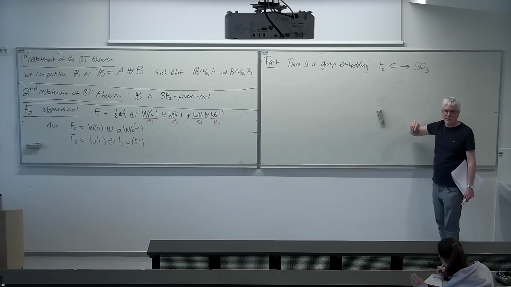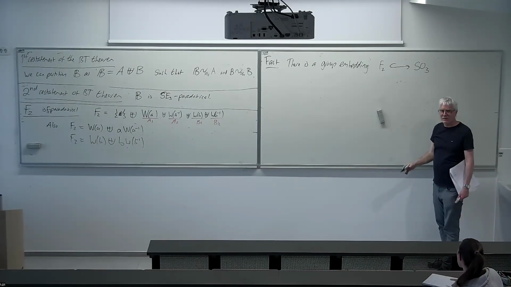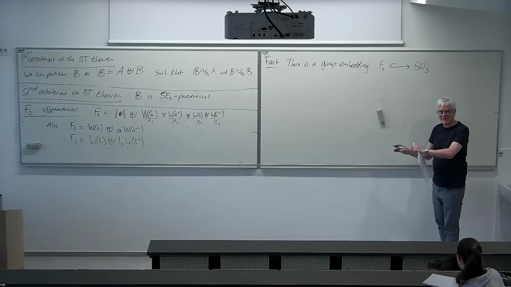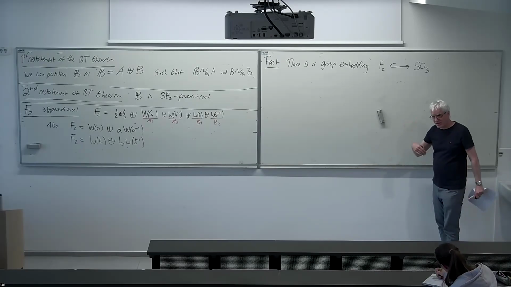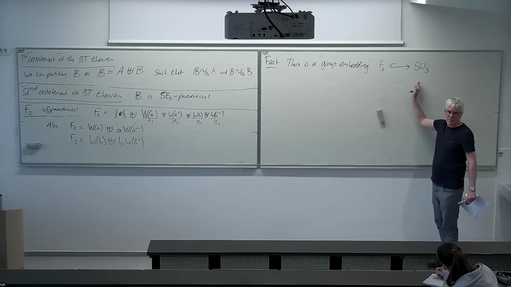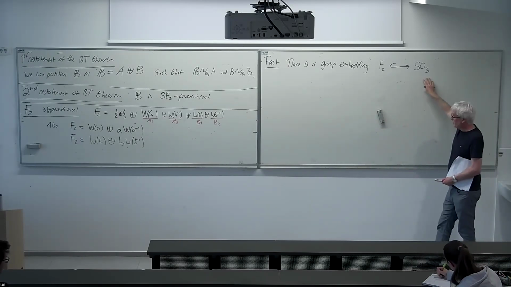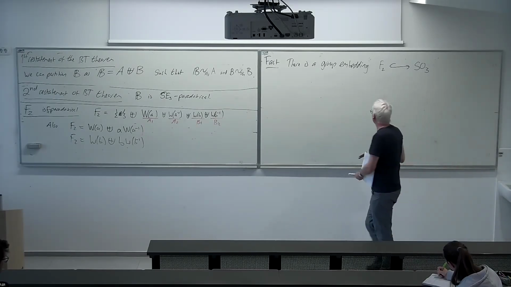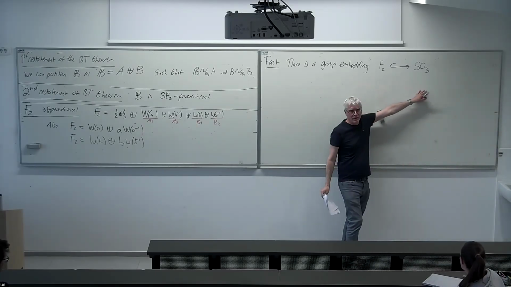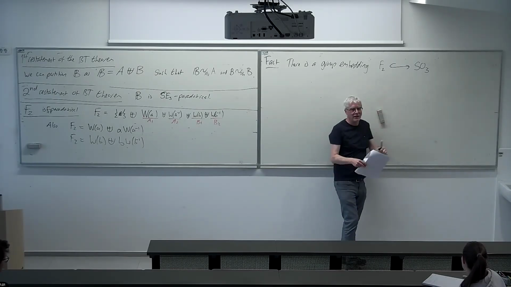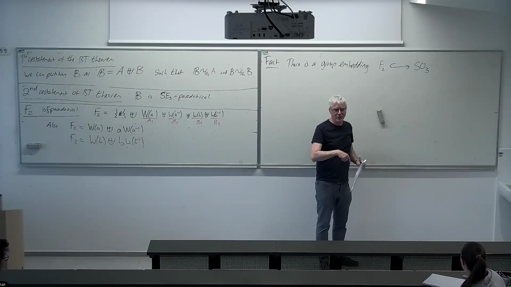Hands up if you know what SO3 is. We're now happy in this lecture with SE3, which is the group of rigid transformations consisting of rotations about the origin and translations. SO3 is the group of just rotations about the origin, the rotation group. So it's a subgroup of SE3. And you can embed the free group on two generators in it. So hopefully you know that rotations are a non-commutative group.